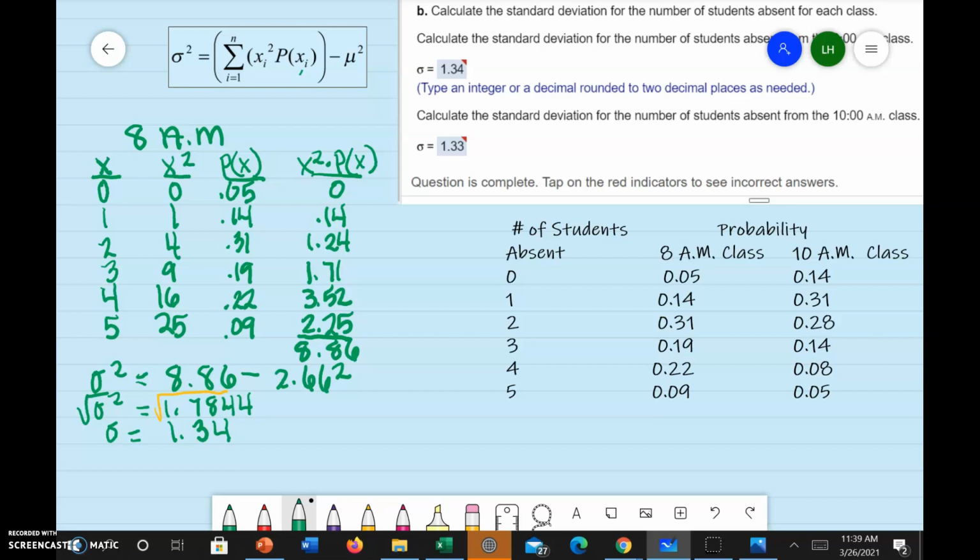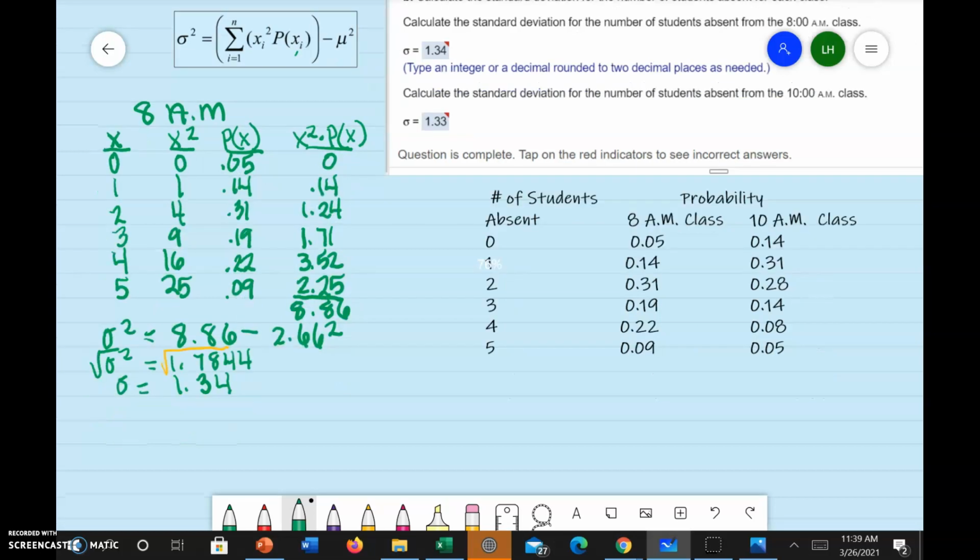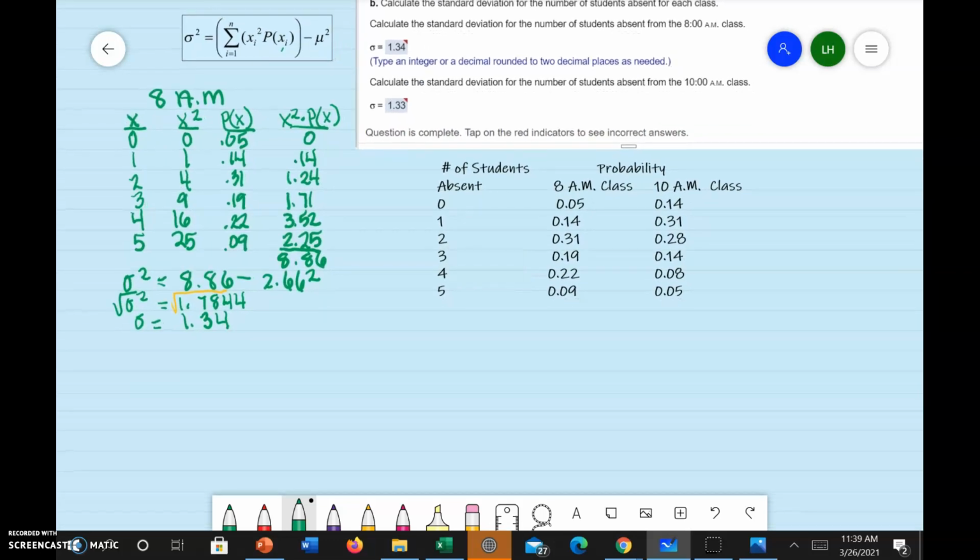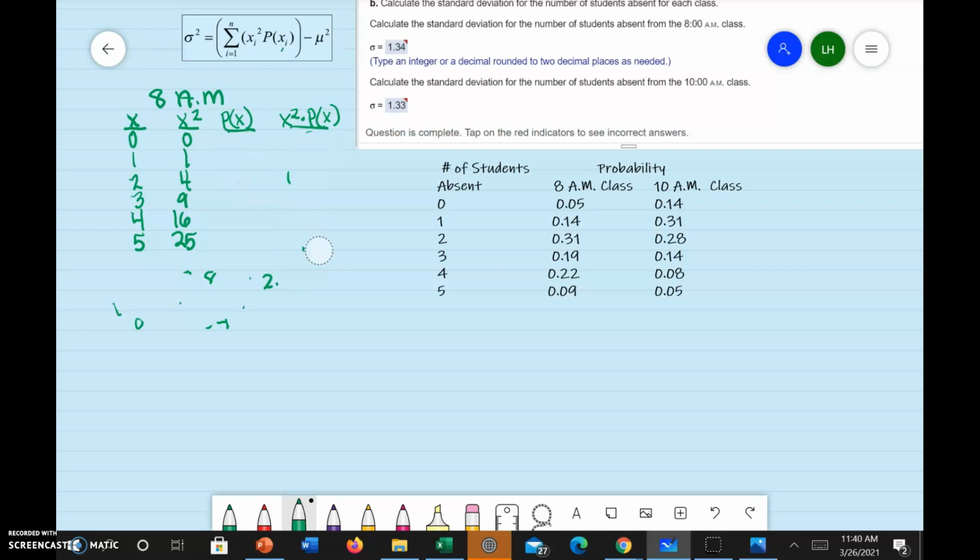Now we're going to do the same thing for the 10 a.m. class. I'm going to have x and x squared, and I'm just going to erase, because the first part will be the same. This is going to be 10 a.m. this time.